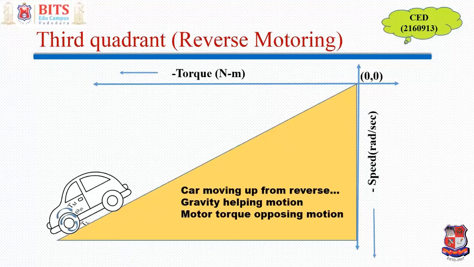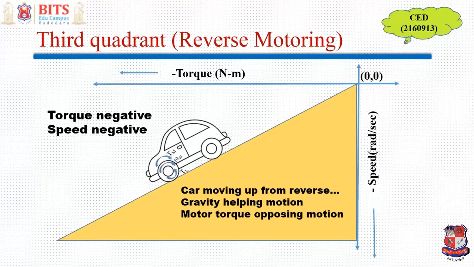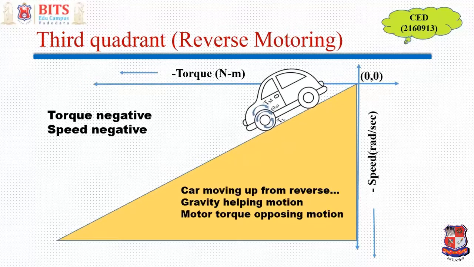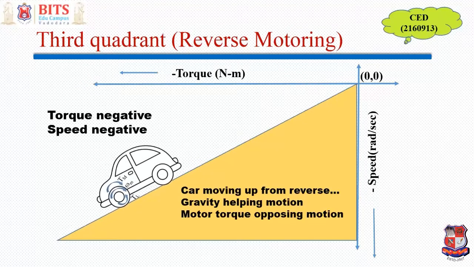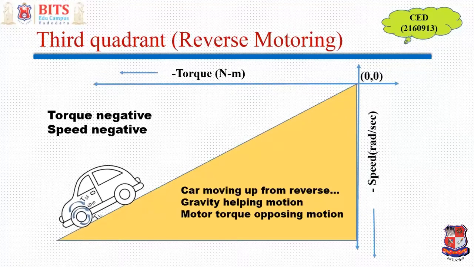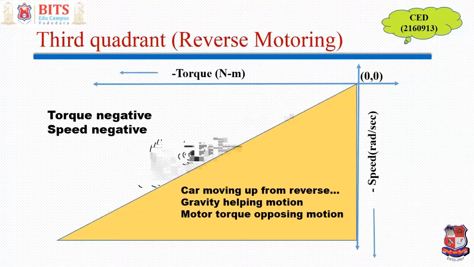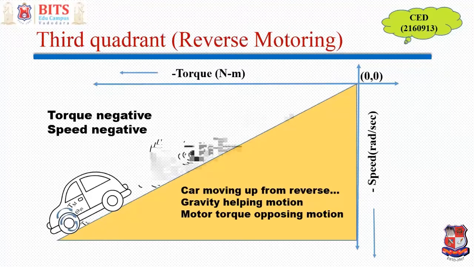So when I assume the car is moving up in the reverse direction, it is called reverse motoring, as shown. Reverse motoring is nothing but the car moving in a reverse direction in this fashion. Here again the load is acting downwards, so it is opposing the motion. The motor torque, or TM, is supporting the motion. So this is a motoring operation, but in the reverse direction. So this quadrant is also known as reverse motoring.